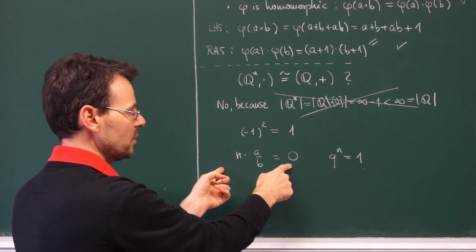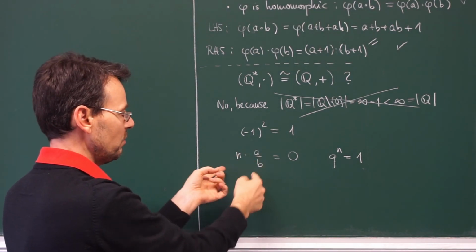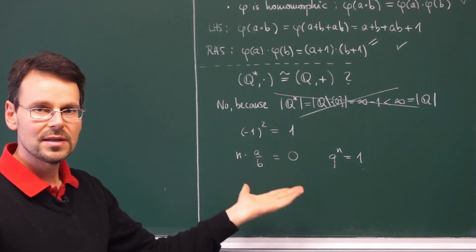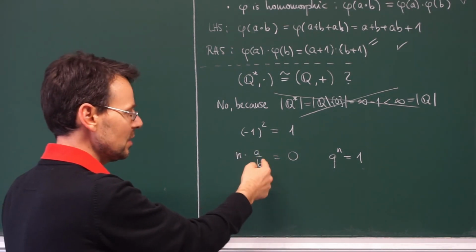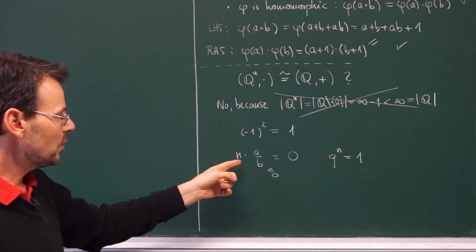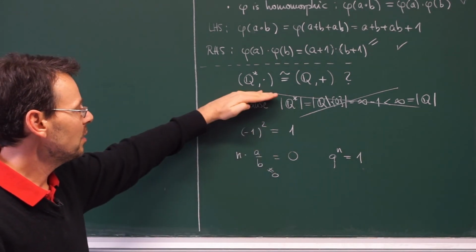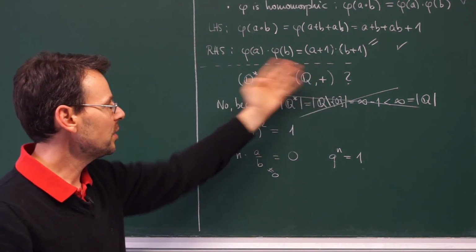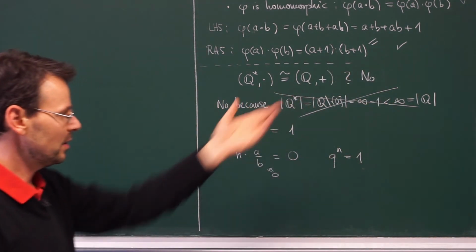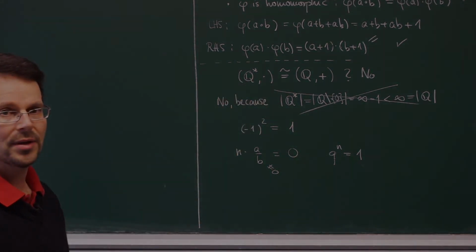The 1 corresponds to the 0. Q is now this fraction a over b, and to the power of n we write as n times. But clearly this is not possible. If this here is not 0 itself, so this has to be a non-zero element, there is of course no integer such that this here would be satisfied. So here we have an element of order 2, here not. Therefore, the no was true, but the argument here of course was a joke. They are not isomorphic.